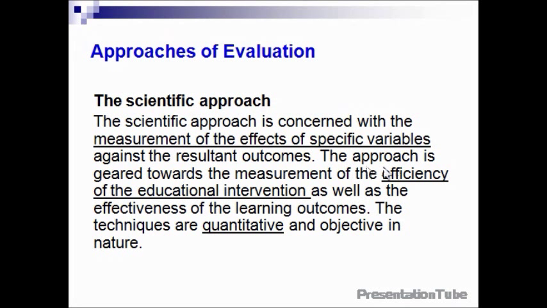The approach is geared toward the measurement of the efficiency of the educational intervention, as well as the effectiveness of the learning outcomes. The techniques are quantitative and objective in nature, and this is the difference between the scientific approach and the social approach. In the social approach, it is qualitative and subjective.